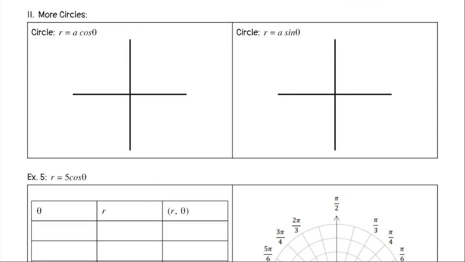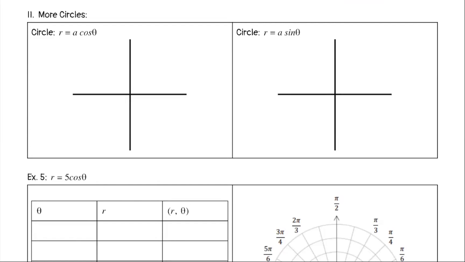So it turns out that we can have a bunch of different circles, okay? We can have a center at the origin. That's what we did. It's just r equals a number. But we could have r equals a cosine theta or r equals a sine theta.